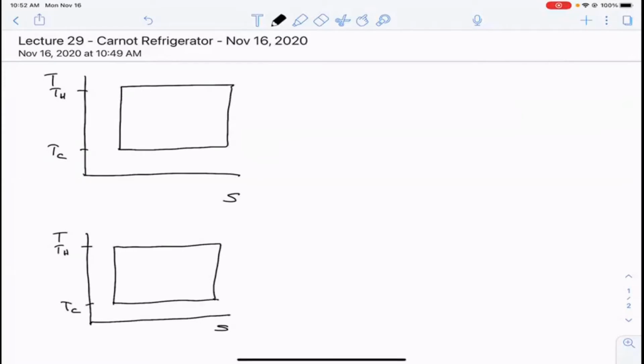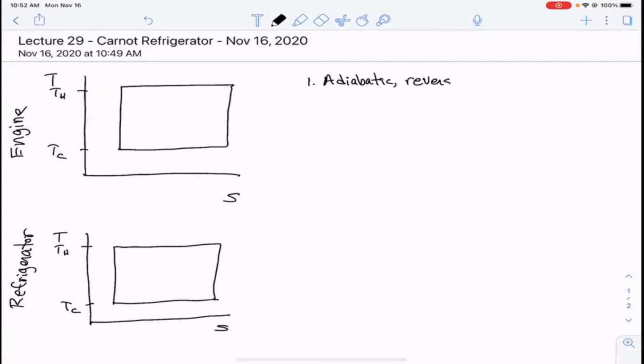But in the heat engine, if you remember, the first step in that process was to compress the gas first to T hot. And so step one in the Carnot engine, maybe I'll label these here, this is the Carnot engine, this is the Carnot refrigerator, the first step in this process was an adiabatic reversible compression from T cold to T hot.